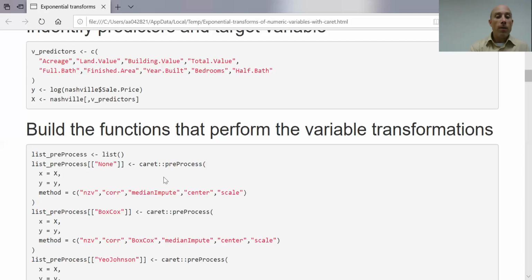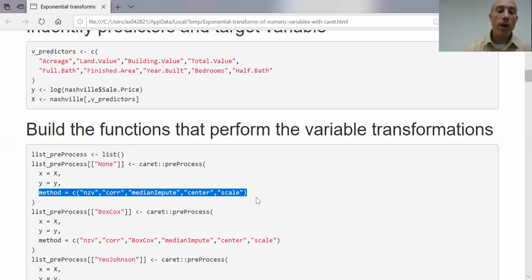Okay, so the preProcess function, what this does, this gives us a function that takes our data and transforms it based off of the training data set. All right, so for us, this X and Y are the training data. I'm going to pass X and Y into the preProcess function, and then I'm going to tell it how I want to prepare this data.